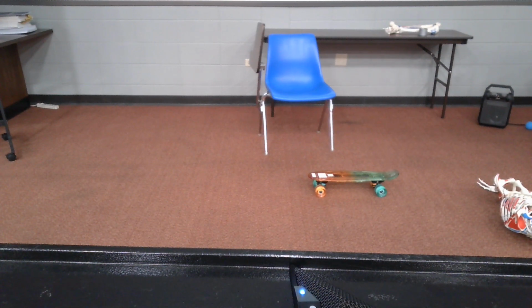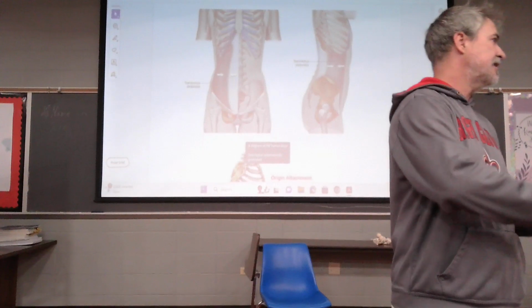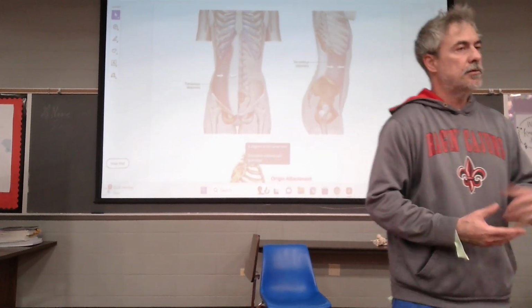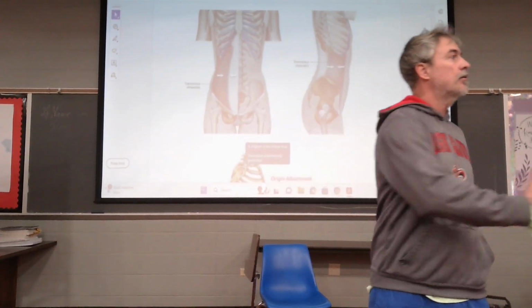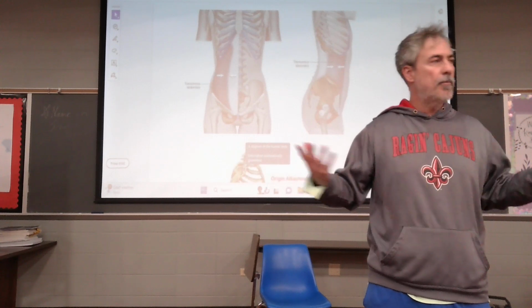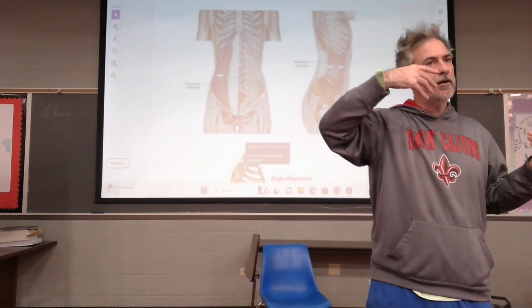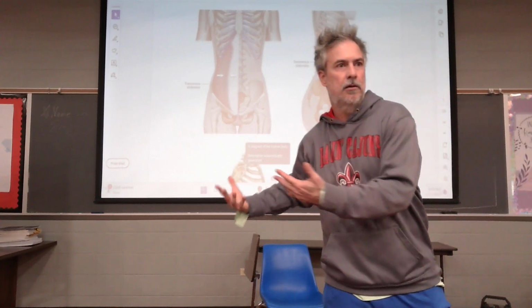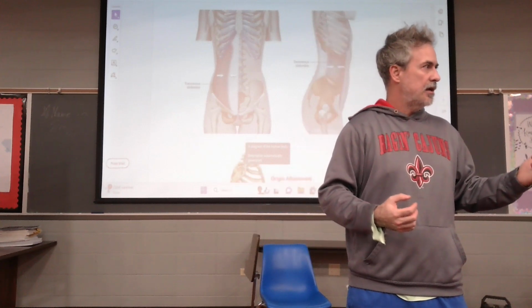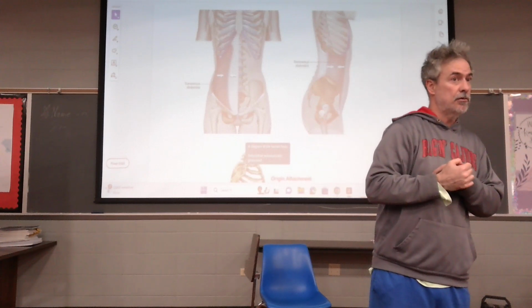Now, the transverse abdominis, I think, no fault to it, gets a bad name because one, it has abdominis in it, and two, we know transverse plane, right? So I think the verbiage is kind of off. If I ruled the world, I'd rename things. All I'm saying is a bicep can't do flexion and extension.